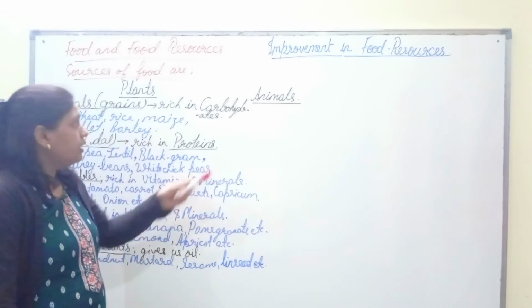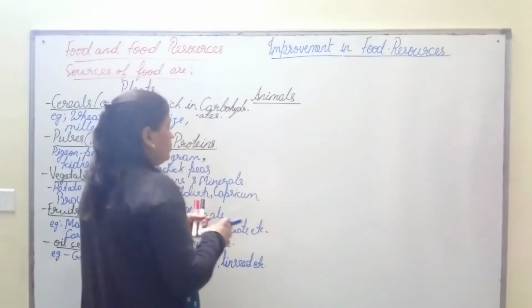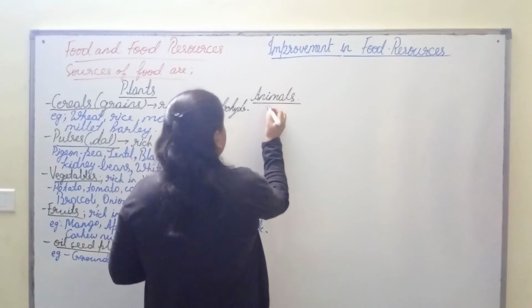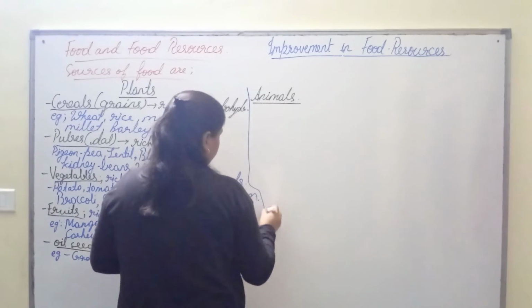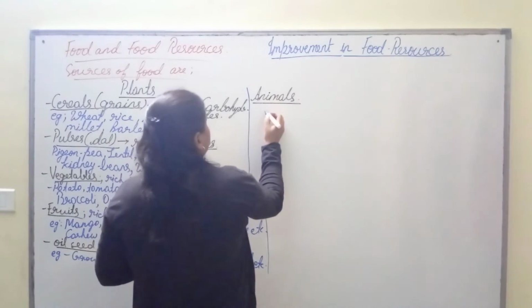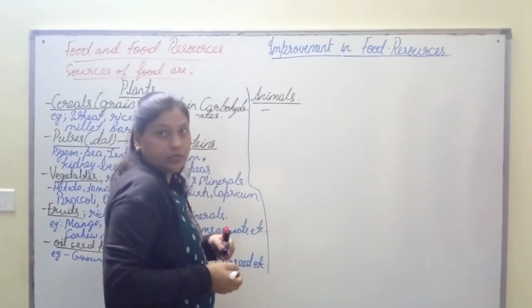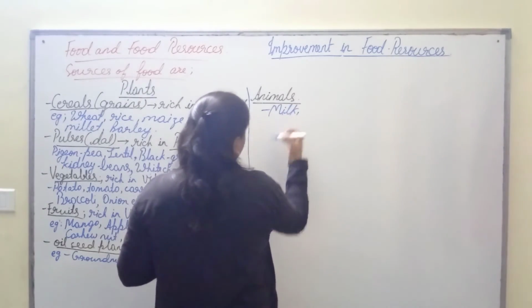Now moving ahead, we have animals. We get different types of food from these animals. So the first thing that we get from the animal is milk.